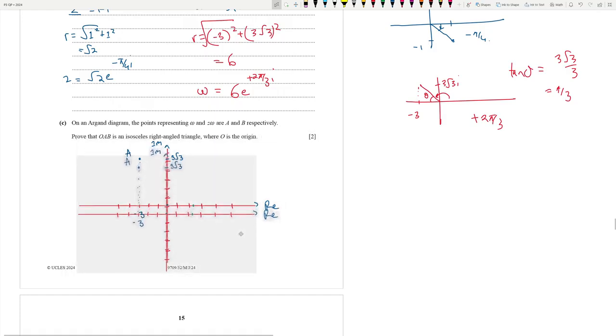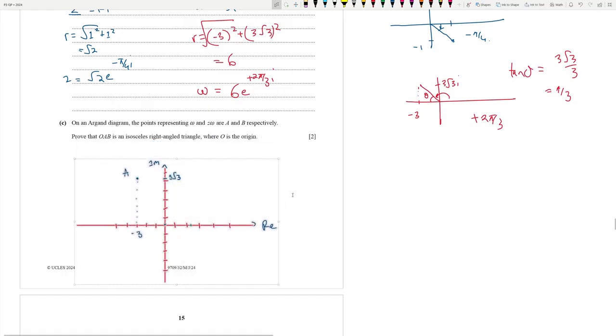Wait, I can just shift the whole thing down. 8.2, 6, 7 and 8. Okay. 2.2 and 8.2.